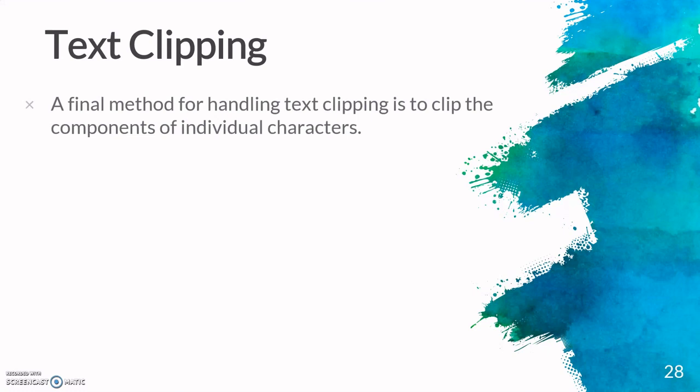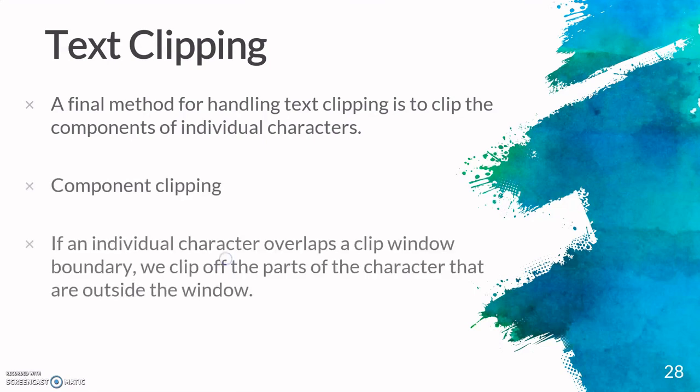Now the third one, the final method for handling text clipping, is to clip the components of individual characters. That is known as component clipping. If an individual character overlaps a clip window boundary, we clip off the parts of the character that are outside the window. It's just a slight difference from the second method. We'll see how it is done.